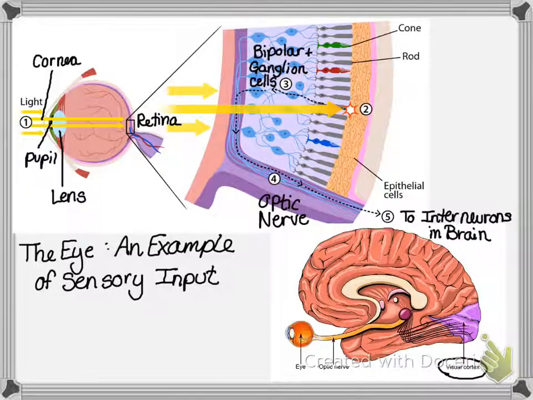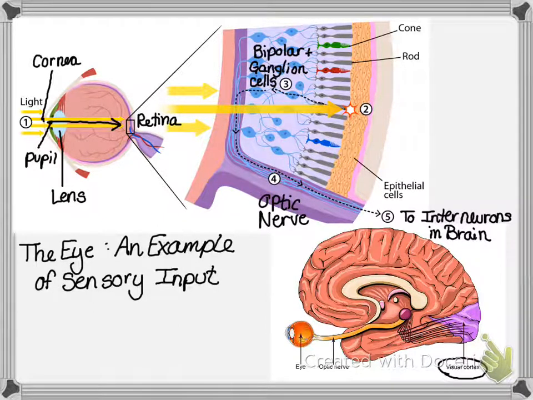So let's look at some examples of how sensory neurons work in your body. We haven't gone into that in much detail. So let's look at your eyes first. In your eye, light is going to travel through your clear cornea. It's going to travel through your pupil, through your lens, and be focused on your retina, which is the back of your eye, which contains many neurons.